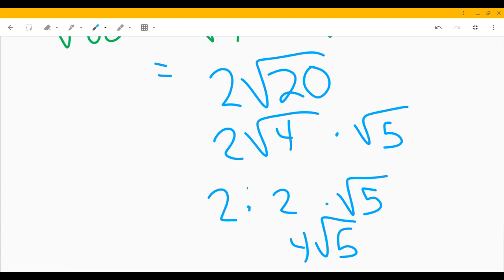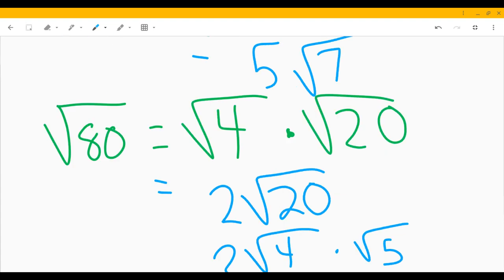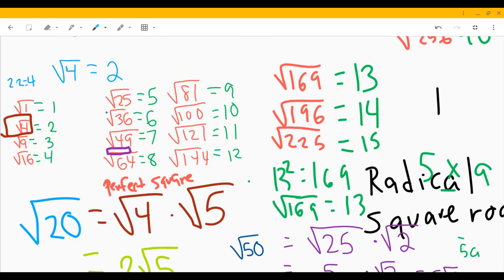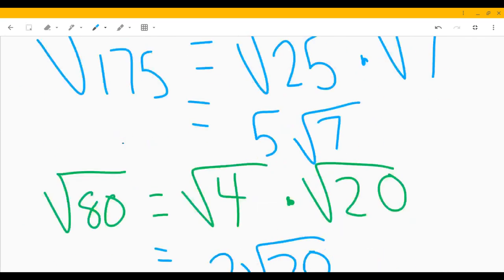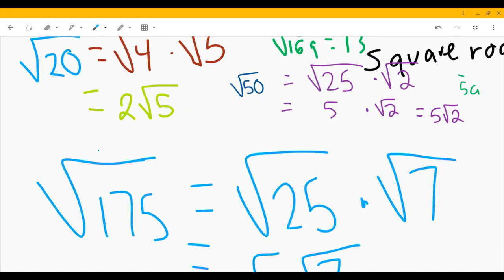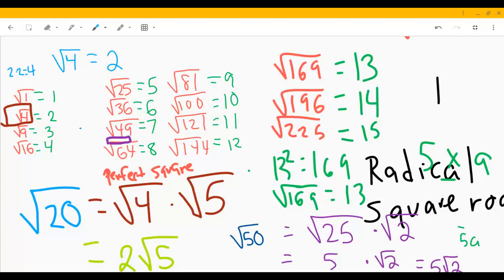Now, why do we have that extra step? Well, you want to choose the biggest factor from these perfect square numbers. So with radical 80, I can choose a larger factor that goes into that number.